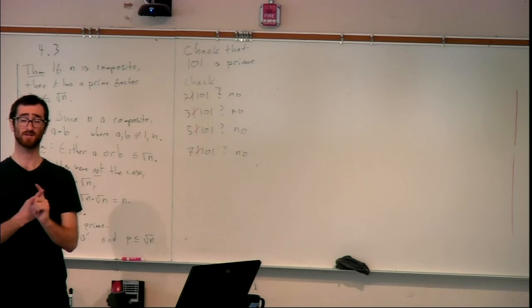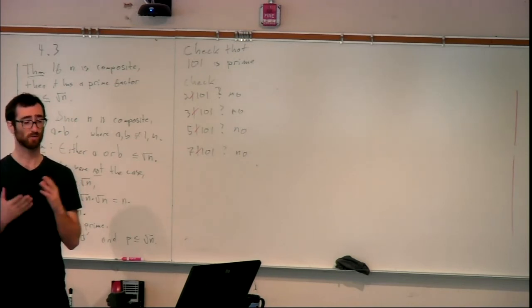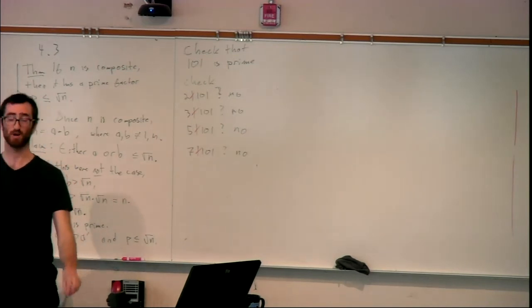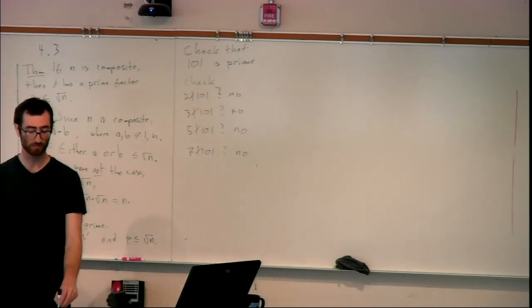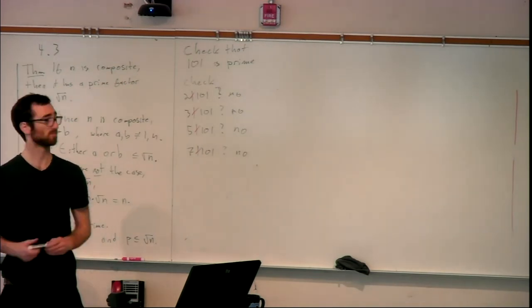The other thing that I want to note is one valid reason for not considering 1 as a prime is because if 1 were a prime, then we would not have a unique way of writing numbers in terms of primes, right?